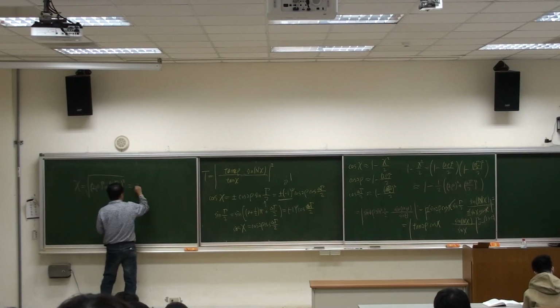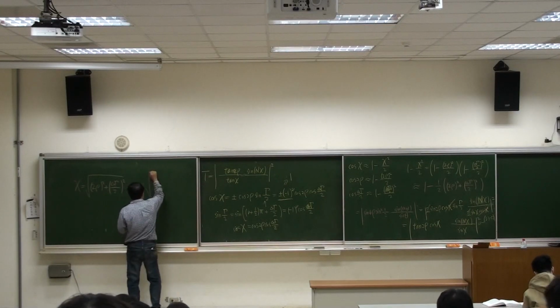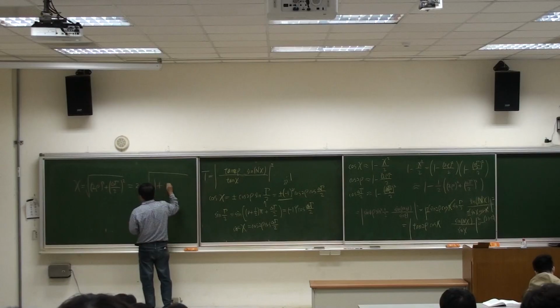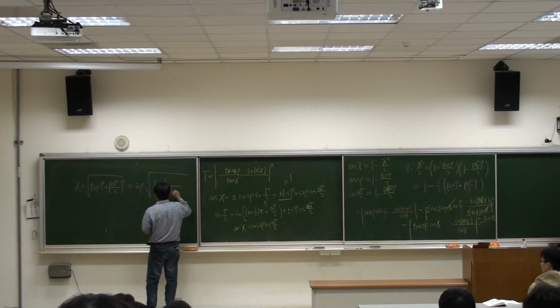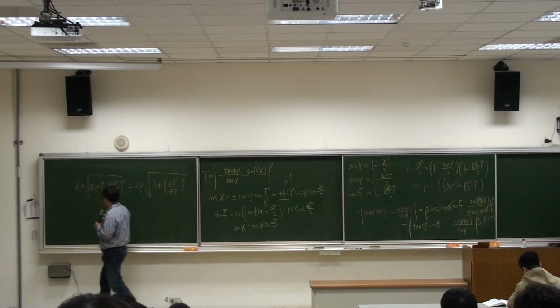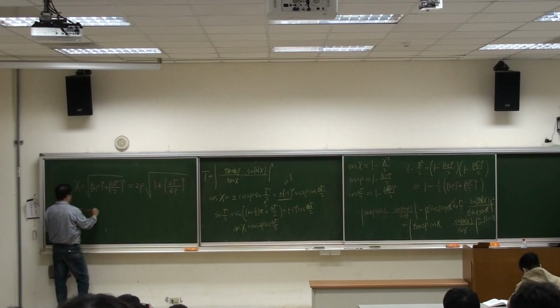And this is 2 rho times 1 plus 4 rho delta gamma squared. And 2 rho is pi over 2n.